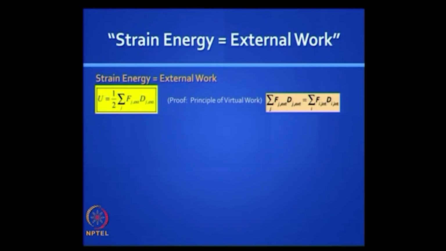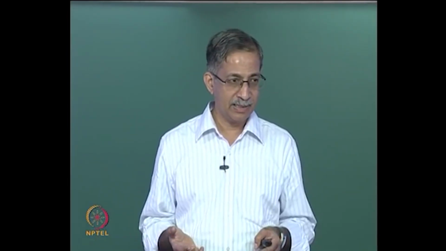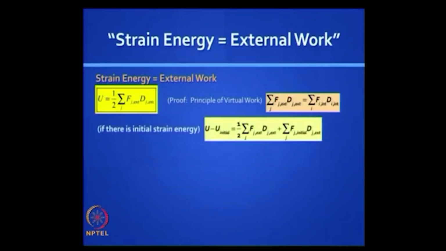If you invoke this theorem, you can prove it very easily using the principle of virtual work, because the principle of virtual work just says the total external virtual work is equal to total internal virtual work. Here you are referring to the force field and displacement field in the same structure with a cause-effect relationship. Now if you multiply both sides of the equation by half, then you will notice that what you get on the right hand side, the internal virtual work times half, is nothing but elastic strain energy. Is it clear? And so that is why the strain energy is exactly equal to the external work.